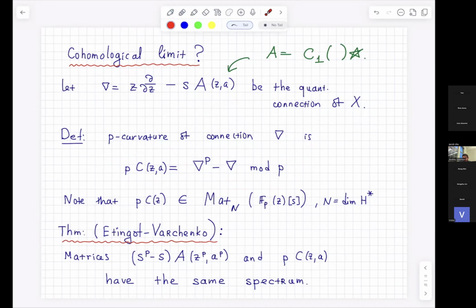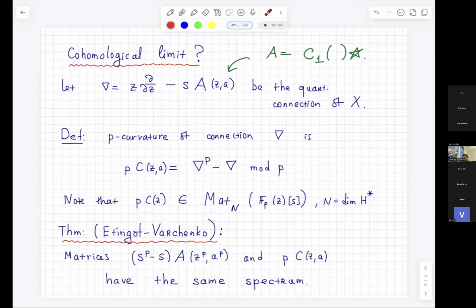All these derivatives modulo p vanish. They all happen to be proportional to p, and so they vanish. And the result is that the p-curvature is not a differential operator. It's really a matrix with coefficients from the finite field F_p.